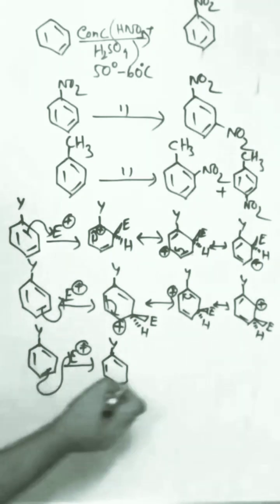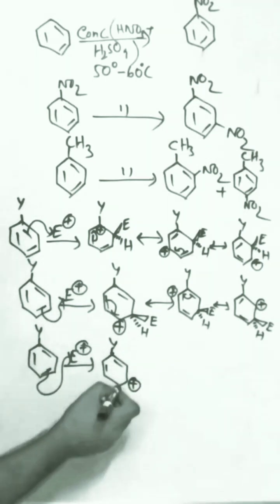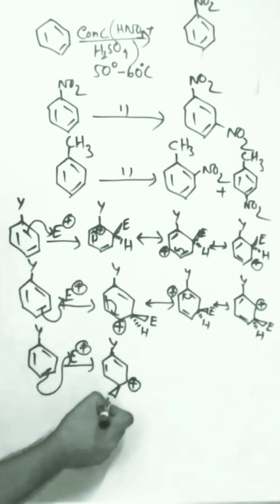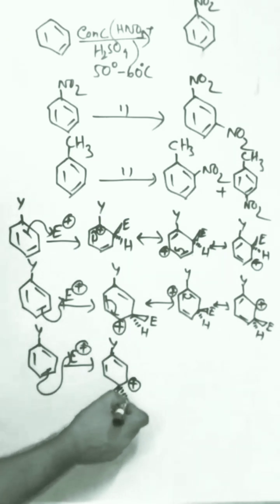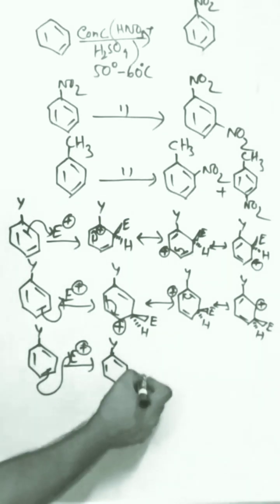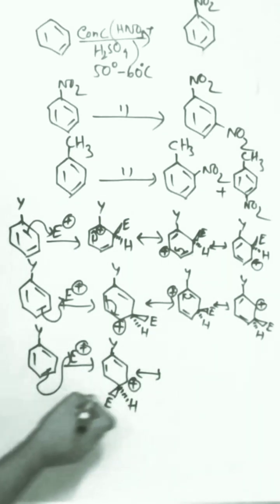This bond breaks from this carbon, the positive charge comes here, the electrophile is above the plane, and the hydrogen which was already present is below the plane.